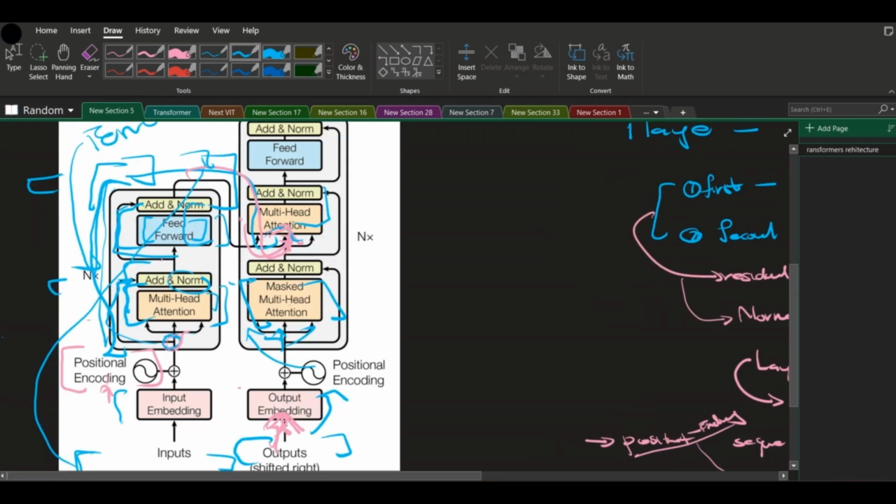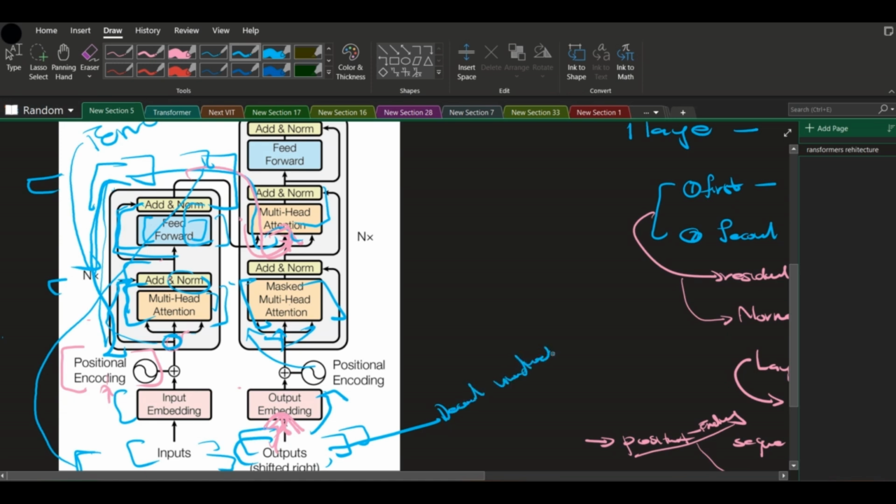With the encoder, we attend to all the words in the input sequence, whereas the decoder looks only at the previous or preceding words. So this decoder here is unidirectional.